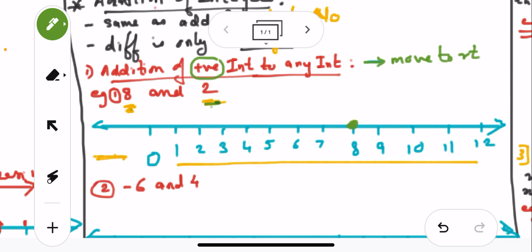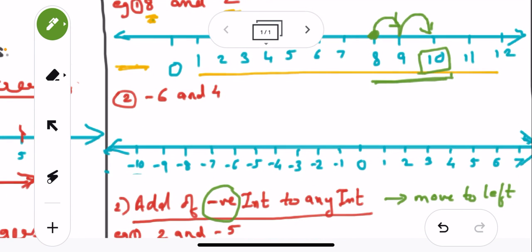Now we have to add 2. When we do addition, we go to the right hand side. So how many times do I have to jump? I have to jump 1, 2. I have reached the number 10. So I have added 8 plus 2, and the answer I get is 10.